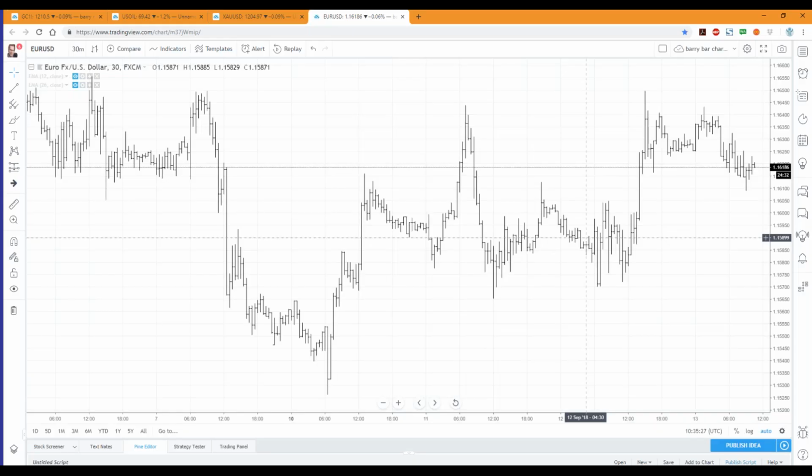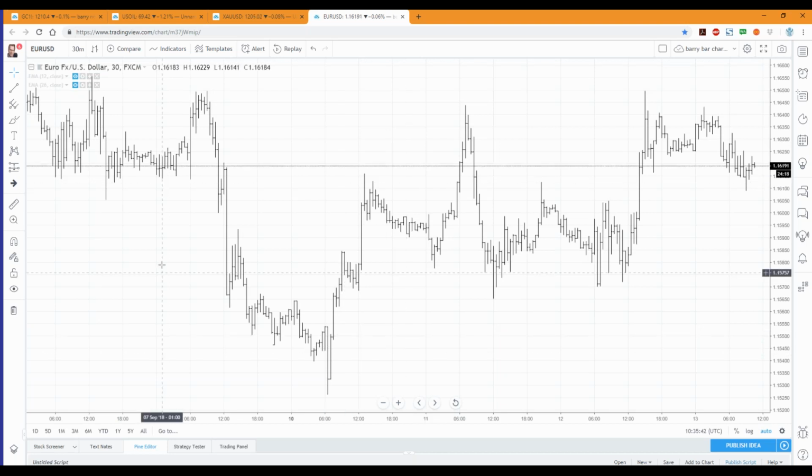Okay, so here we have the Euro US dollar chart on a 30-minute chart, and it tells us absolutely nothing. So you're getting a general look at a chart.